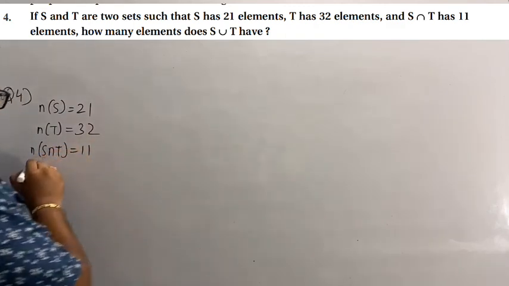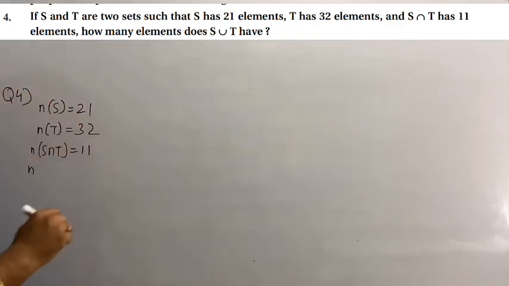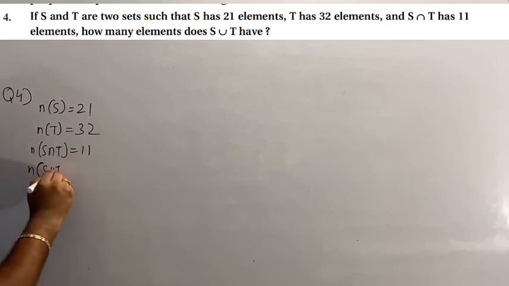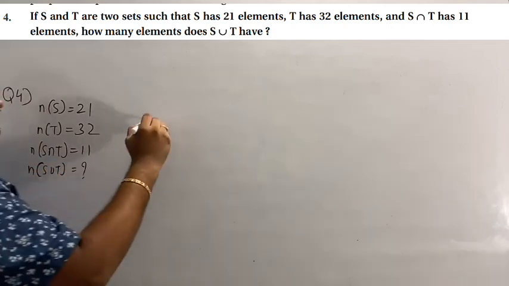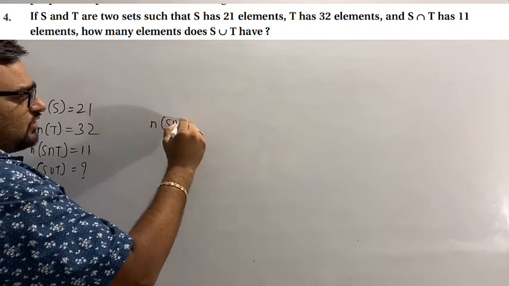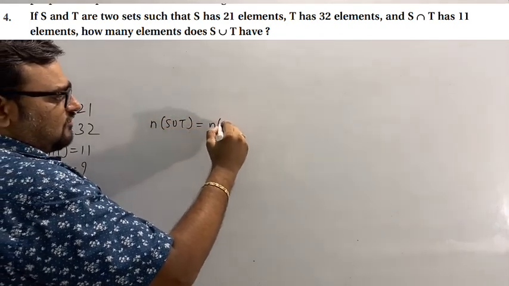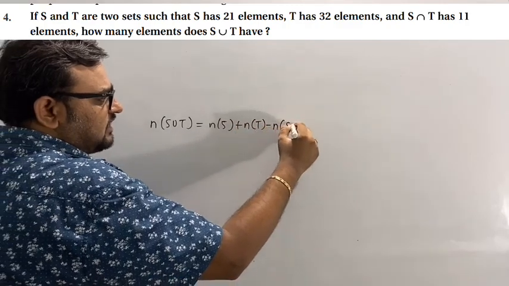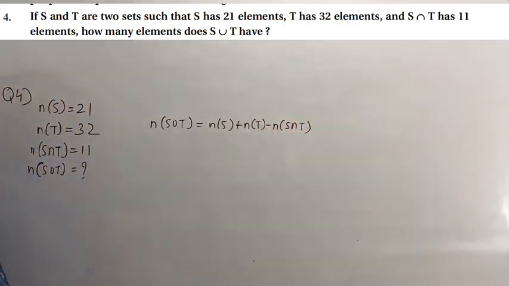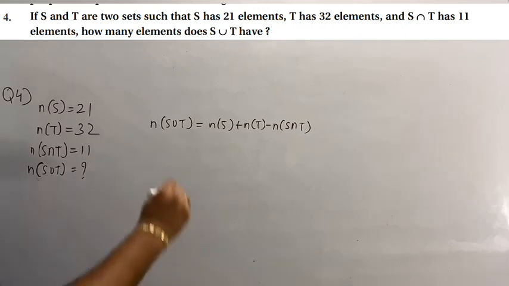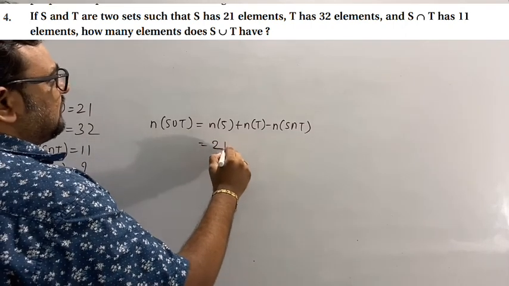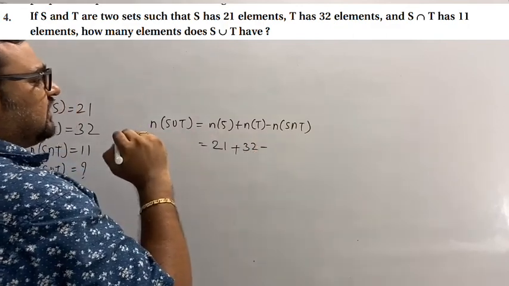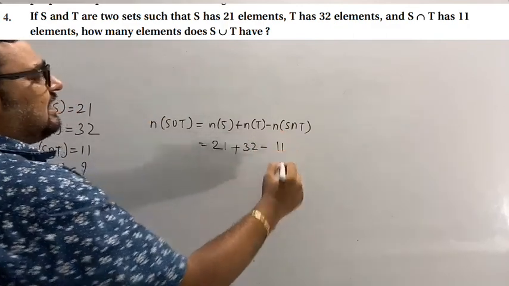So now you have to find out how many elements S union T has. So the formula for union: n of S plus n of T minus n of S intersection T. So n of S is 21, n of T is 32, S intersection T is 11.